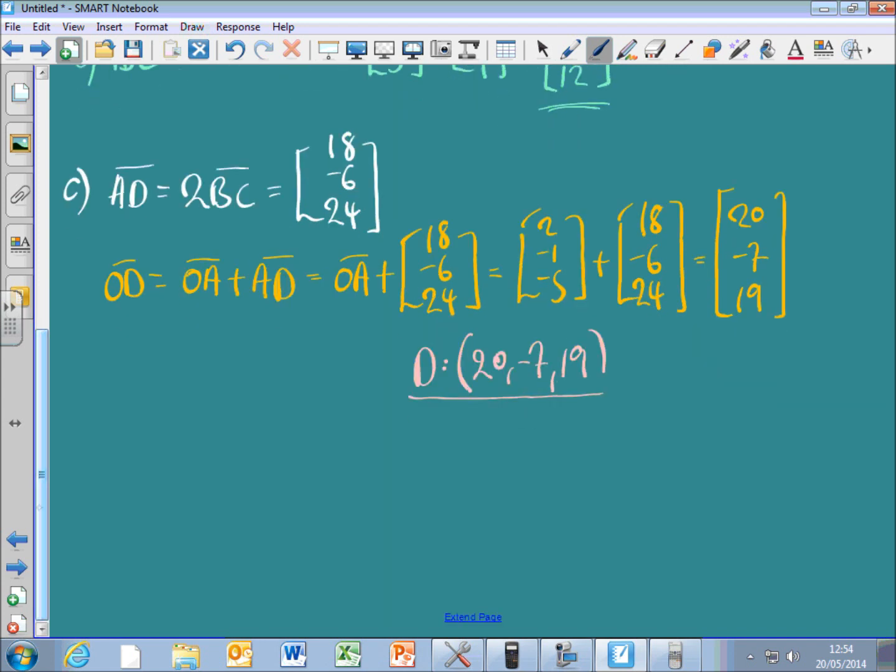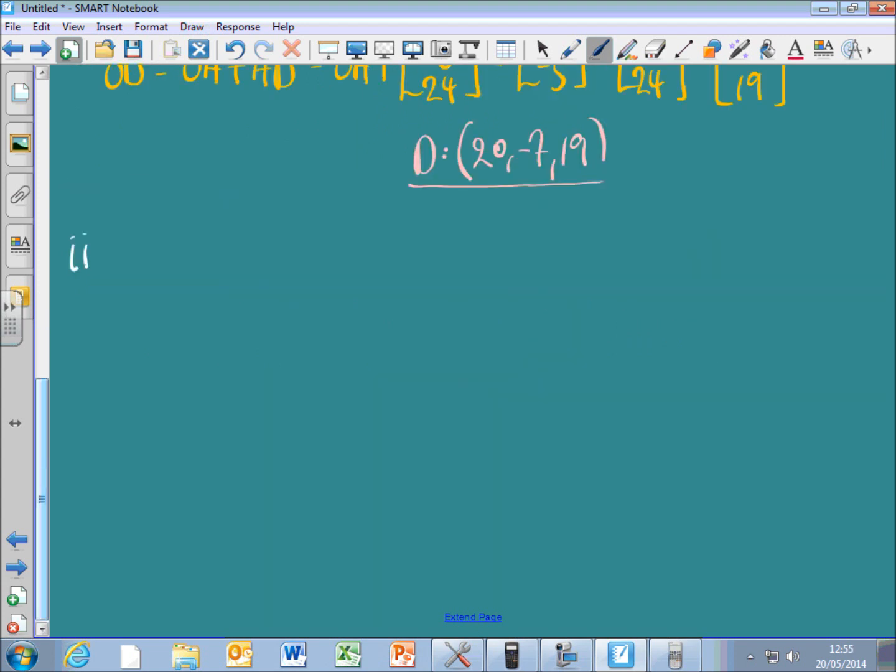Okay, and then finally for part C II, we want to show that P to D, where P is a point on the line, is perpendicular to L. And if that's true, then P to D dotted with the direction of L, which is just that bit of the line, should be 0.